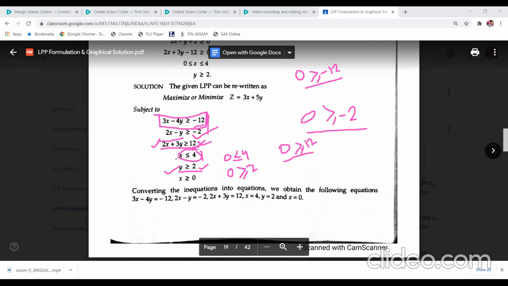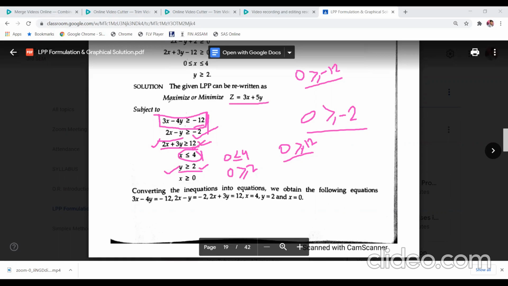So after finding the solution region of each and every line, you will get a common region, and that common region will be common to each and every solution region. After finding the common region, you will get the corner points. And then find the value of z at each corner point.